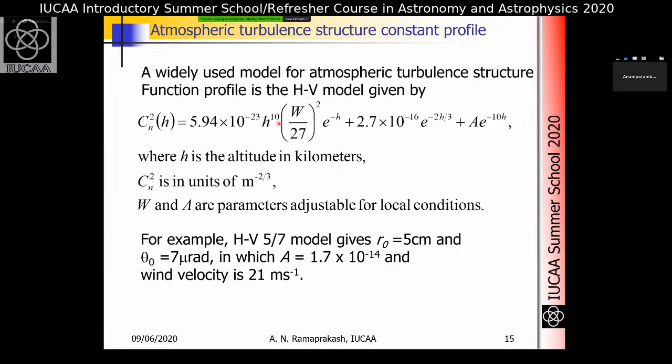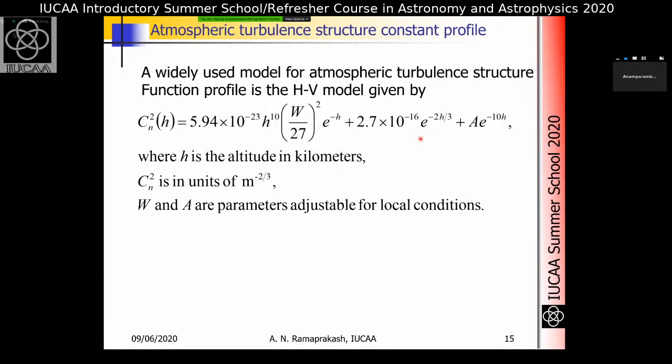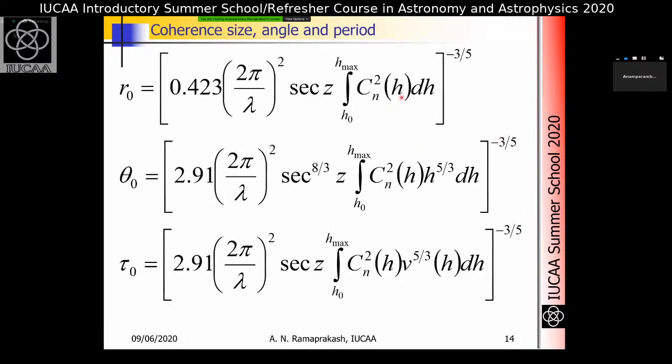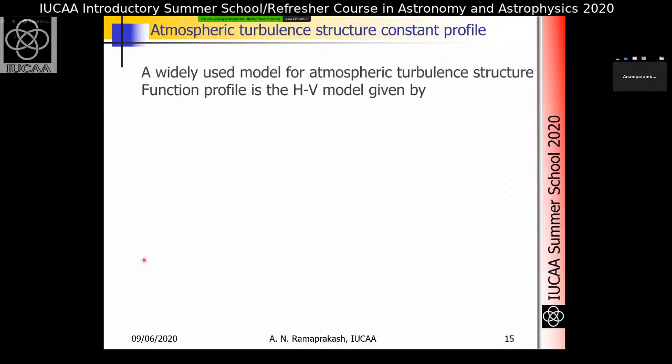In that model, we get Cn squared as a function of height in the atmosphere. Once you get this expression by measurements and modeling, you can plug that back into these expressions. This is the only part which is unknown, and you can calculate R0, theta 0, and tau 0. So that's the whole process.